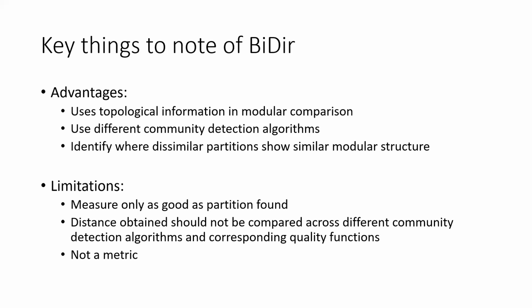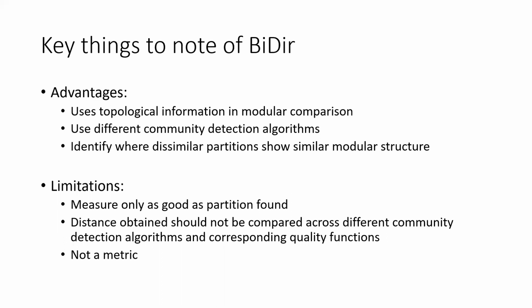Now, some of the limitations of our measure are that, as we've previously pointed out, our measure is only as good as the partition that is found. But we do argue in the paper that our measure is able to better handle this than other measures because it does take the topological information of the network into account.